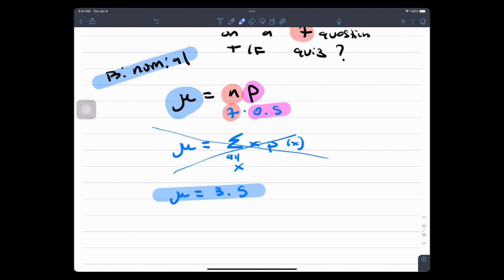How many questions in the quiz? 7. So you can expect to get half of them right. If you guess, I'm going to say this again. This is insane. If you just guessed, what's the long run average? You're going to get 3.5 questions correct. What do you think about that? If you just guess, how many questions you get correct? 3.5.